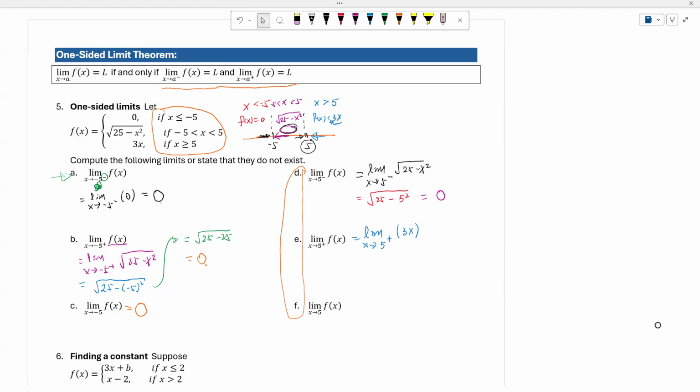Then of course, if we use direct substitution, it will be 3 times 5, which is 15. And now from the left is 0, from the right is 15, so this limit does not exist.